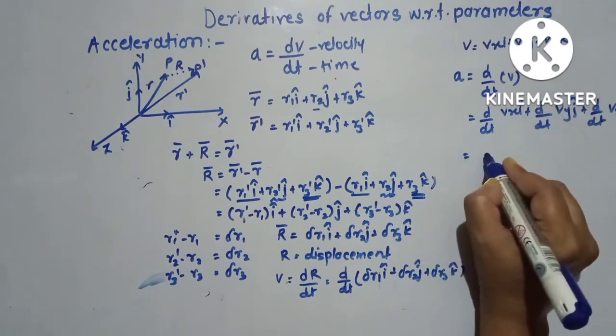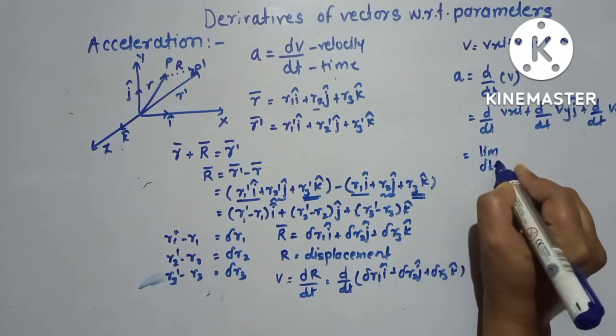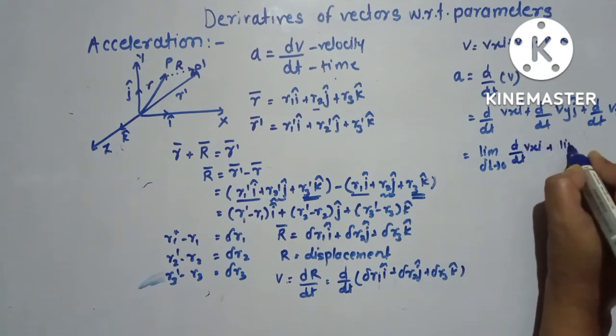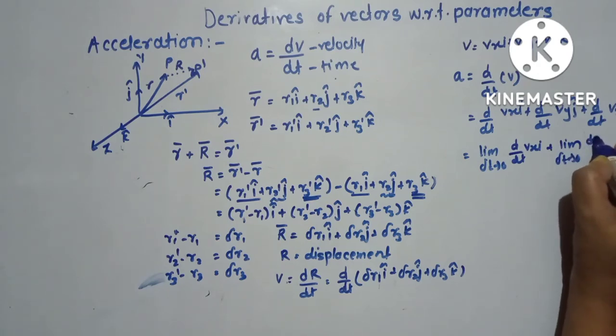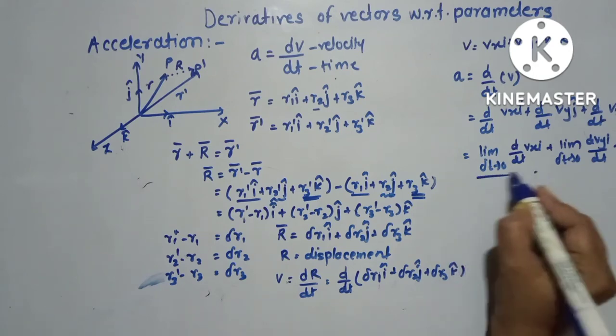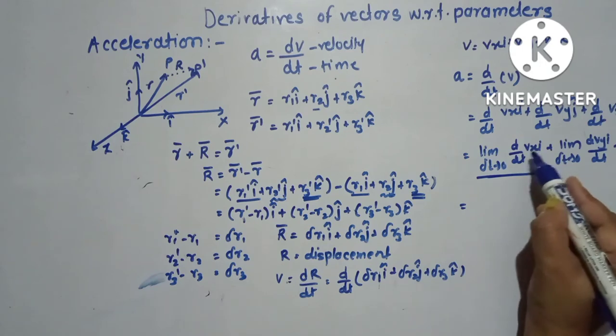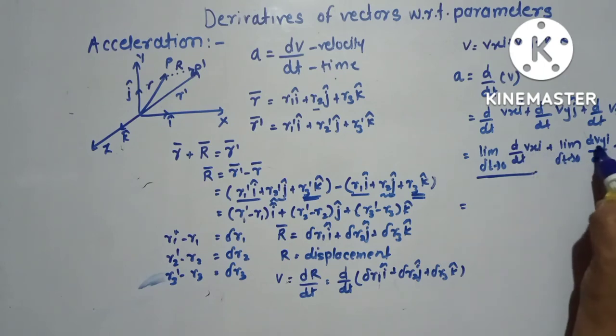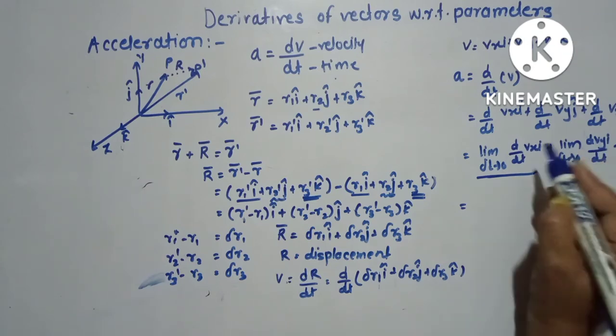Now if I take the limit delta t tends to 0, we get limit delta t tends to 0 of dvx upon dt i, plus dvy upon dt j, plus dvz upon dt k. Each term is the derivative of the velocity component with respect to time, so this is nothing but the acceleration.